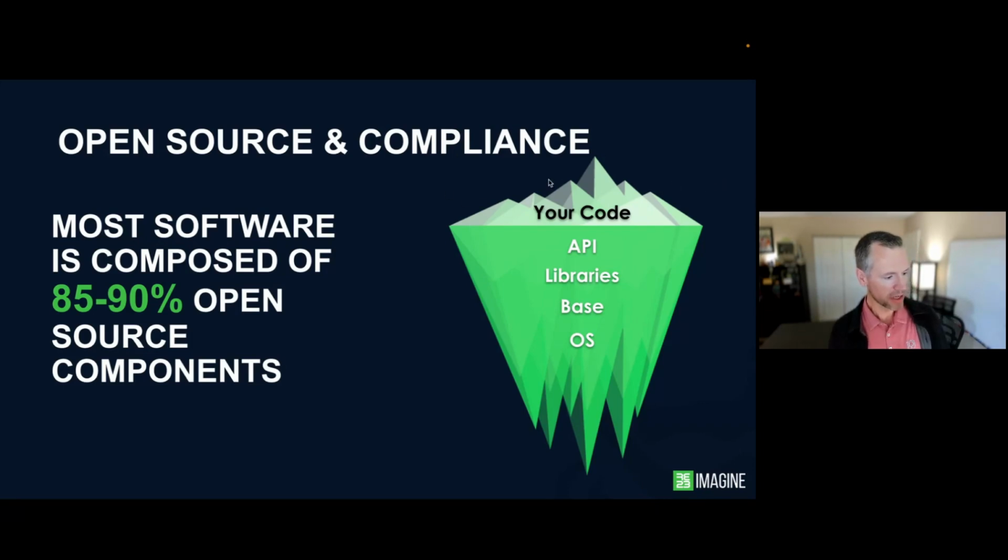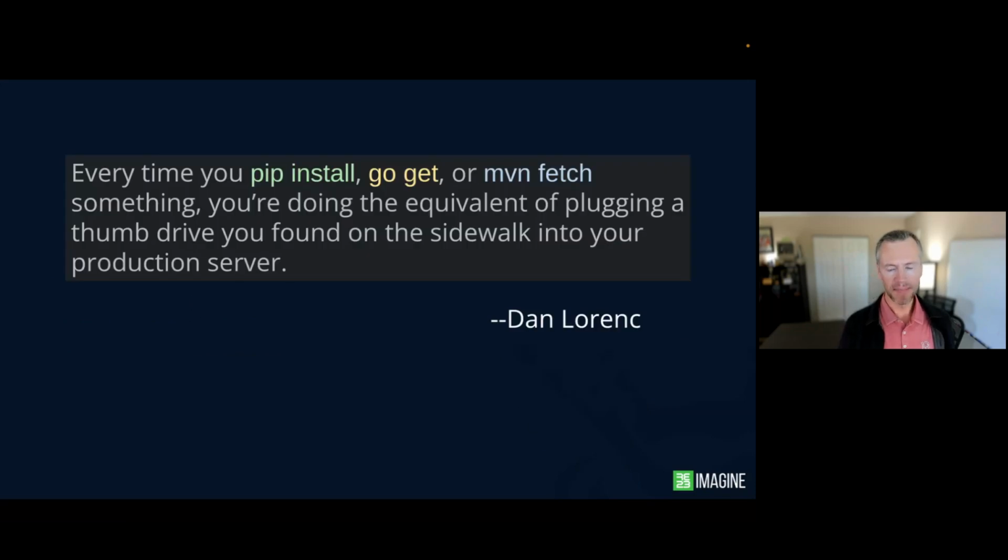If you think about your code at the tip of the iceberg, we've got the APIs, the libraries, the base images, the operating systems, especially if you're including something like a Docker image. All of that is what your code is running on top of. And it's really hard to get visibility into where there might be a vulnerability within that. So we'll talk today about how you get your hands around that problem of open source software.